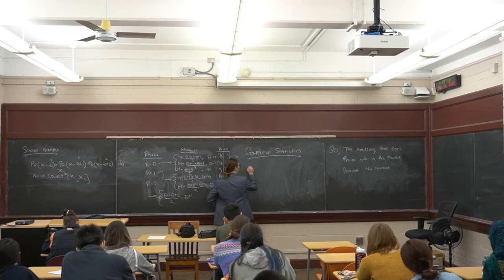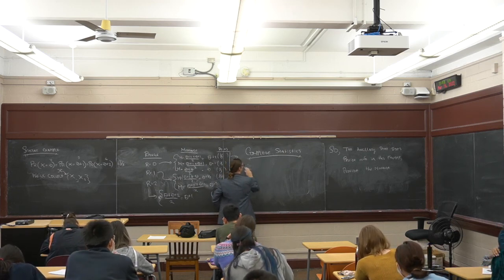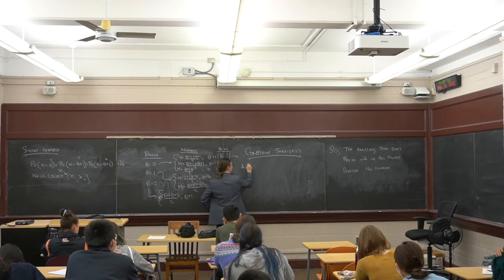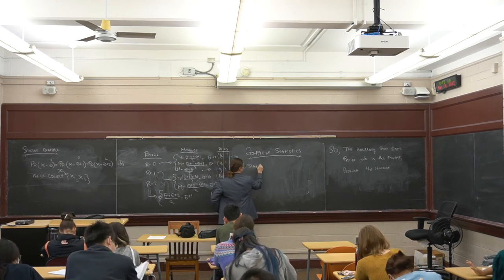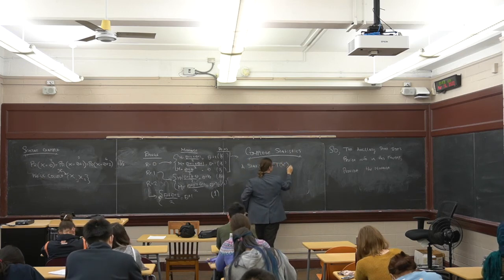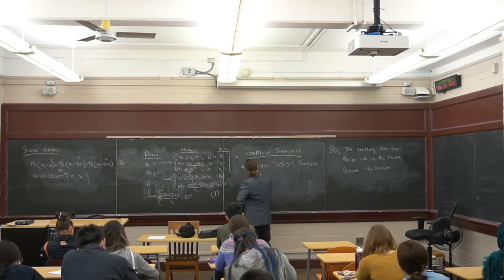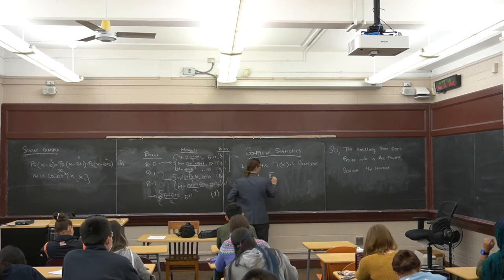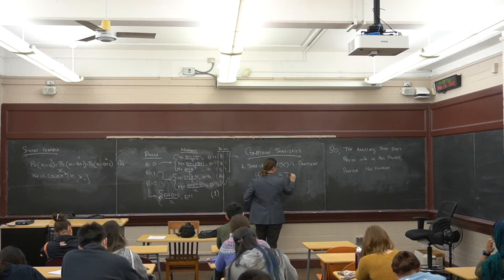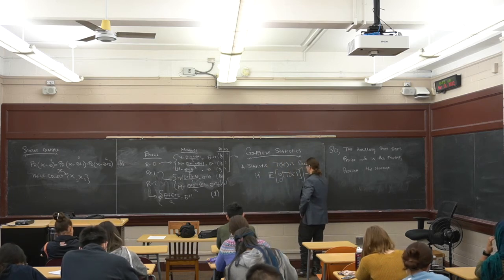So the expectation, I should say a statistic T(X) is complete if the expectation of g(T(X)) being equal to 0 implies g is 0.